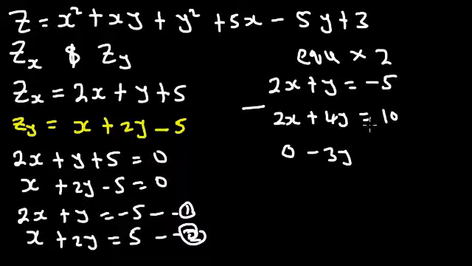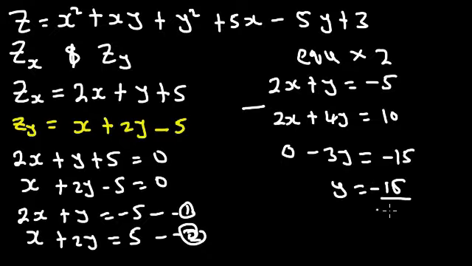Right now, we have an equal sign. Minus 5 minus 10 is simply minus 15. Now we can divide through by minus 3. Then y should be minus 15 divided by minus 3, which is 5. So that's the value of y.